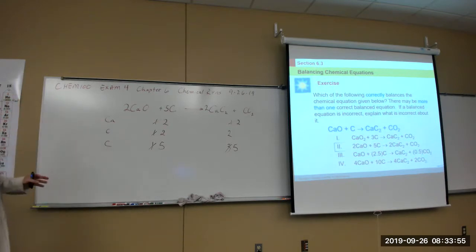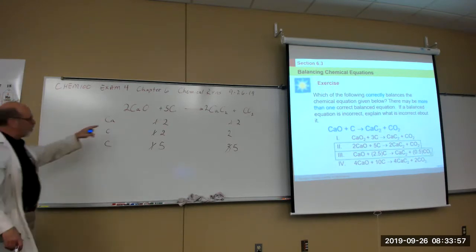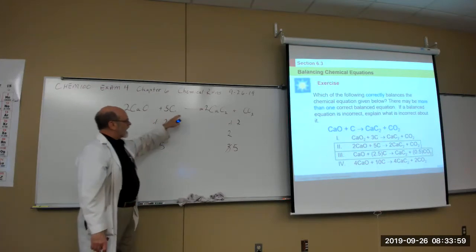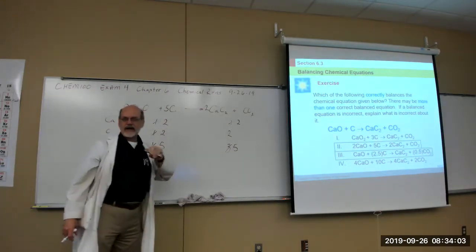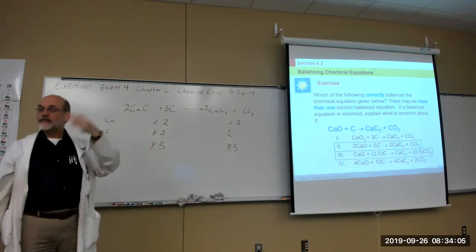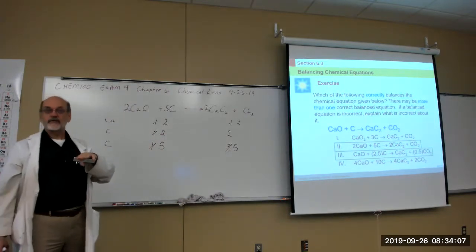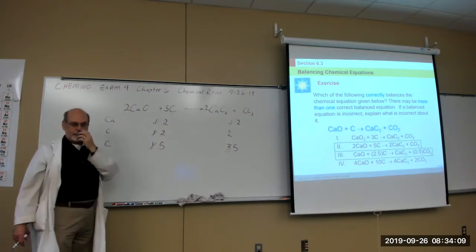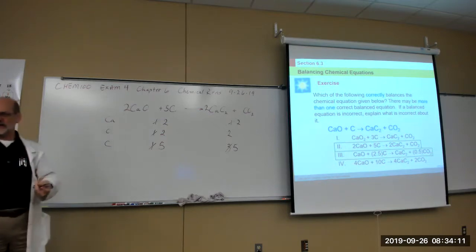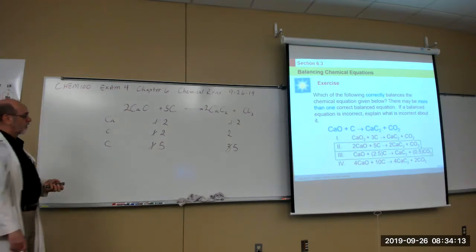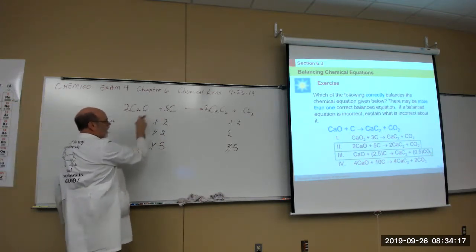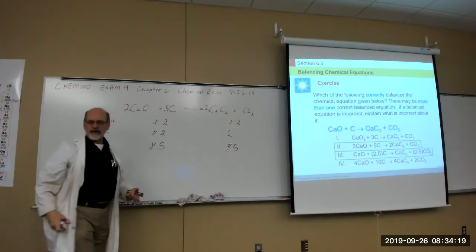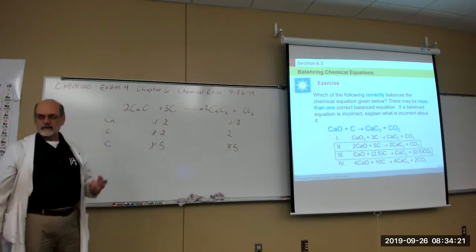Now what you want to do is look at the coefficients. Can we divide all of the coefficients by a whole number and reduce their values to whole numbers? Kind of like least common denominator. Well, no. Because you've got an even and an odd, there's no way you're going to be able to divide by the same number and reduce it.